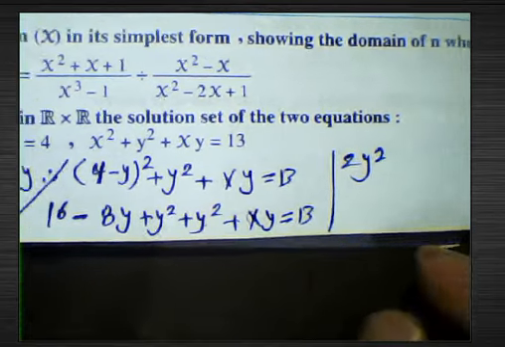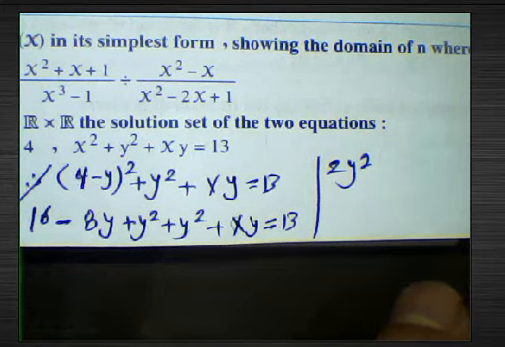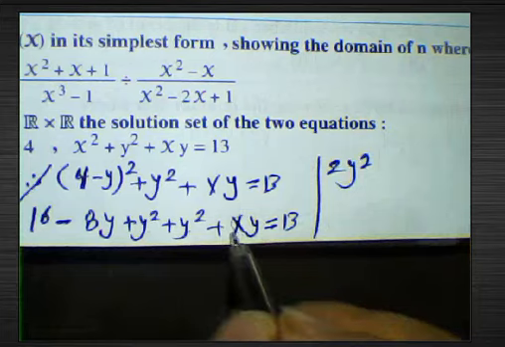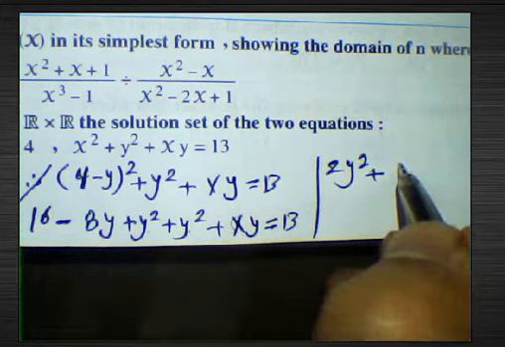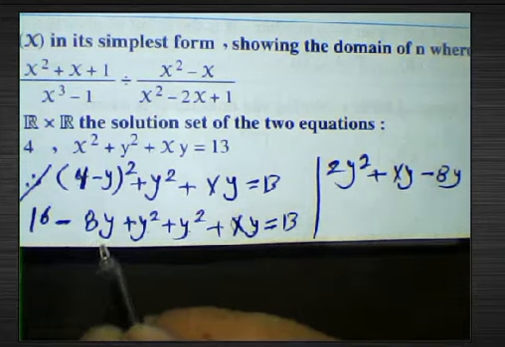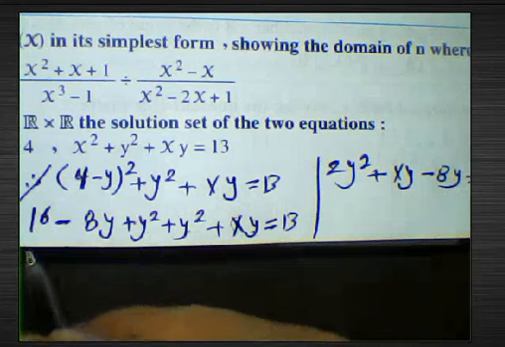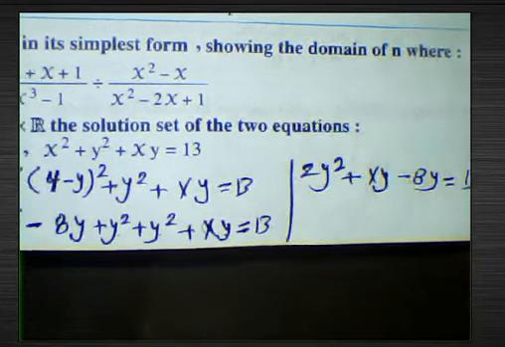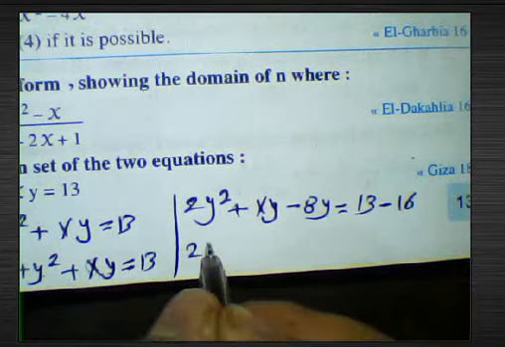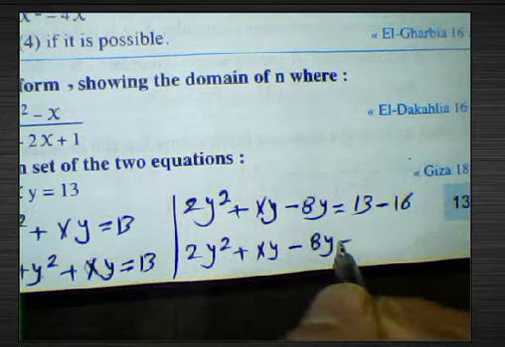Okay, I will complete it here on the board now, to show the steps. Okay, here: 2y squared plus xy minus 8y equals 13 minus 16, so 2y squared plus x times y minus 8y equals negative 3.